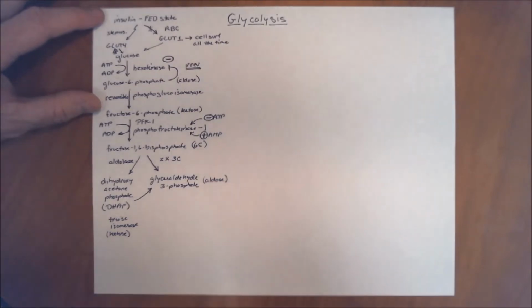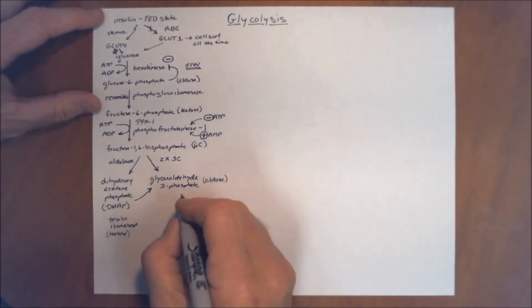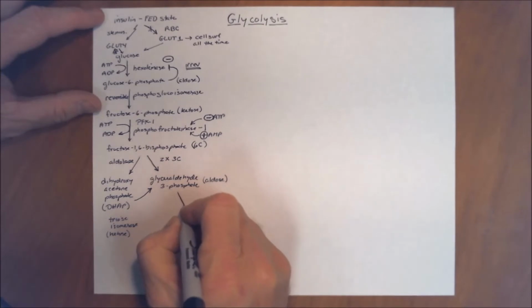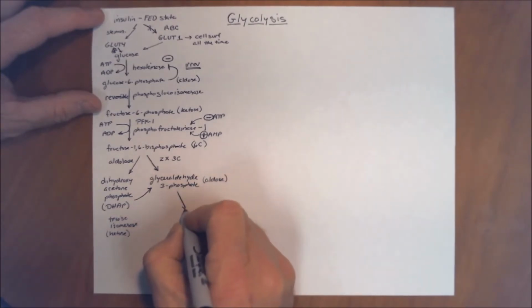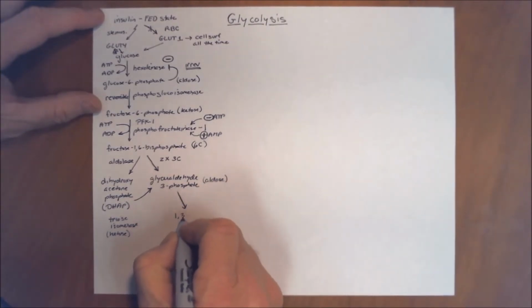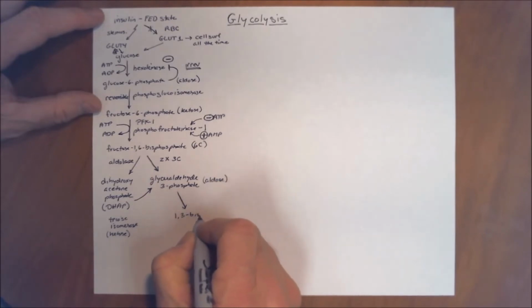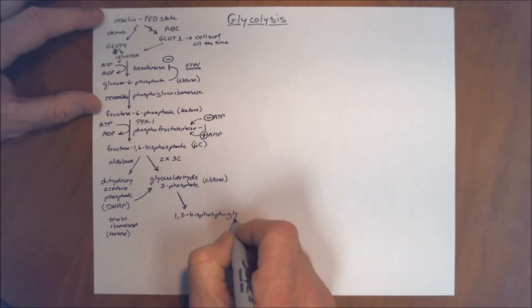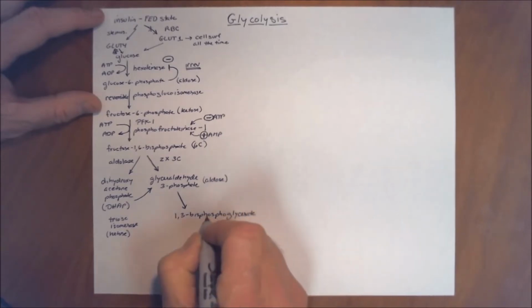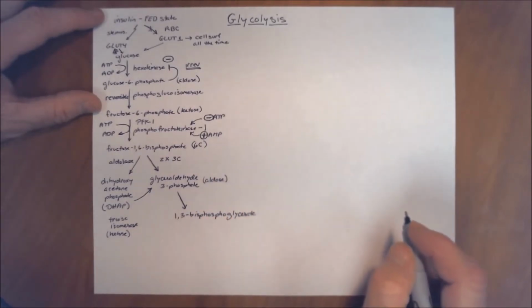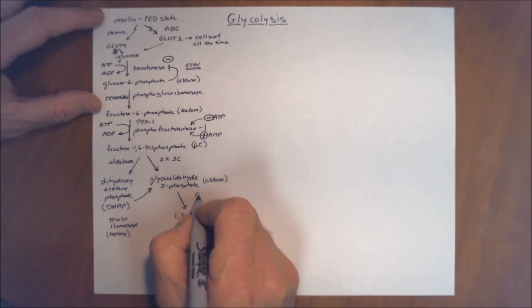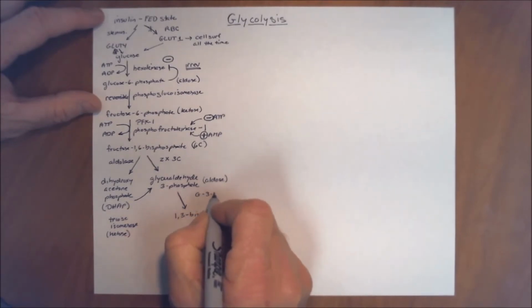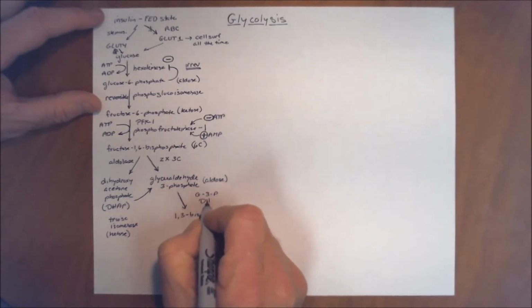Now the glyceraldehyde 3-phosphate is going to be processed next into 1,3-bisphosphoglycerate. This enzyme is glyceraldehyde 3-phosphate dehydrogenase.